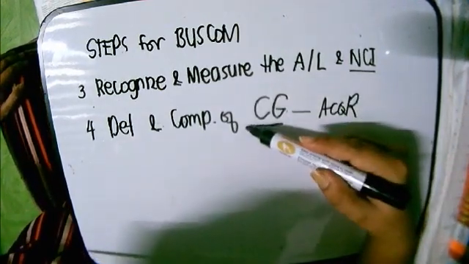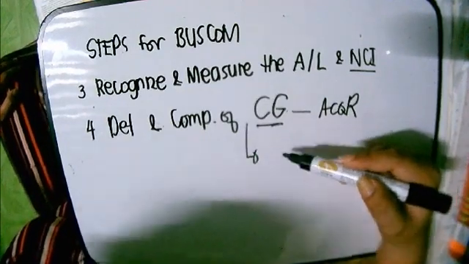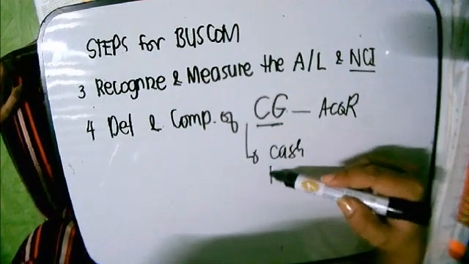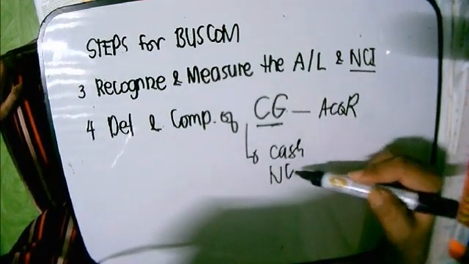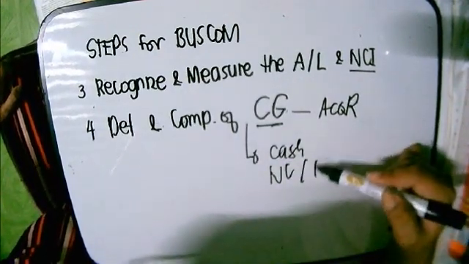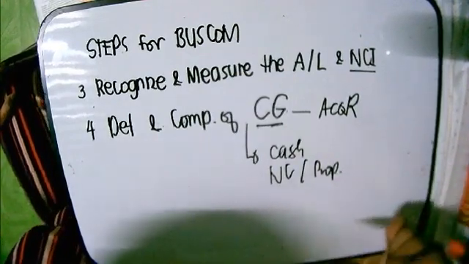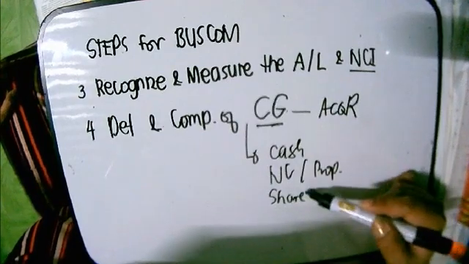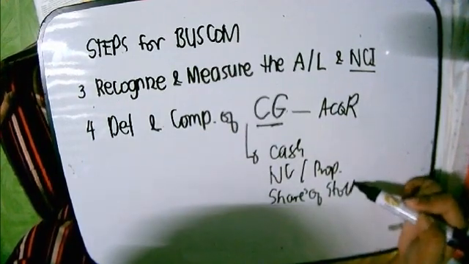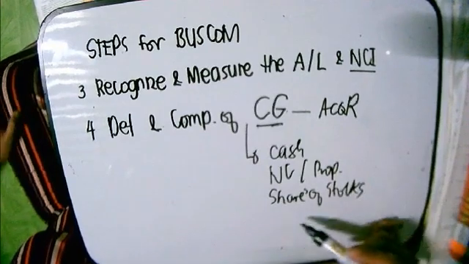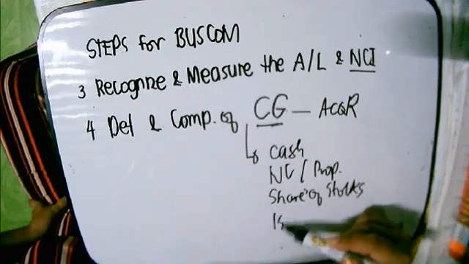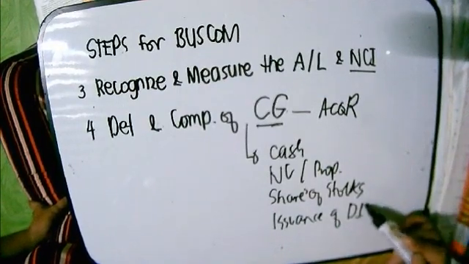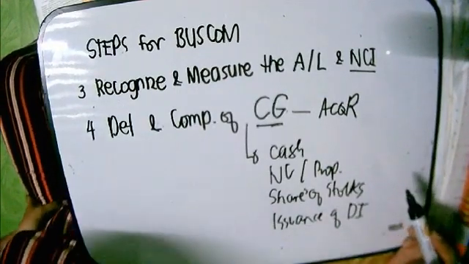So consideration given can be in the form of cash, pwede din naman non-cash or property ang ibayad, pwede din shares of stocks, and pwede din through issuance of debt instrument or incurrence of liability.